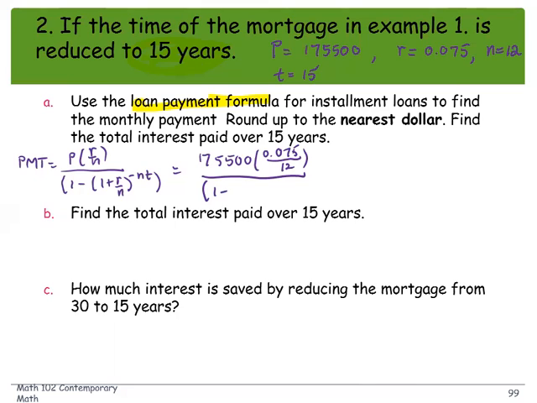It's 1 minus 1 plus 0.075 divided by 12 raised to the power negative 12 months in a year for 15 years. Okay, and then use the calculator to do that again.